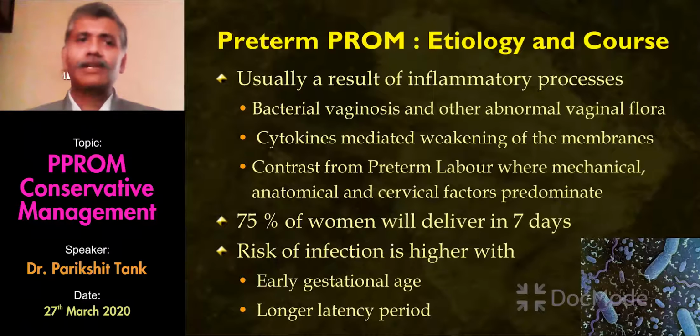One of the inciting factors has been named as bacterial vaginosis and having an abnormal vaginal flora. Due to these changes in the vaginal flora, there is a generation of cytokines, and these cytokines, interleukins, and other biomolecules lead to a weakening of the membranes, ultimately leading to a rupture.